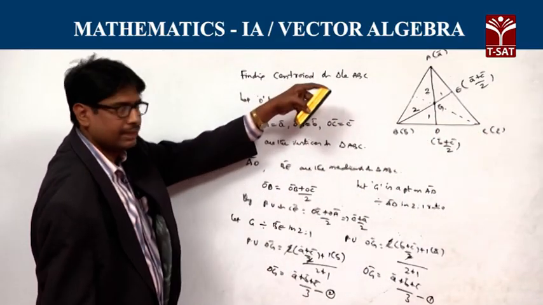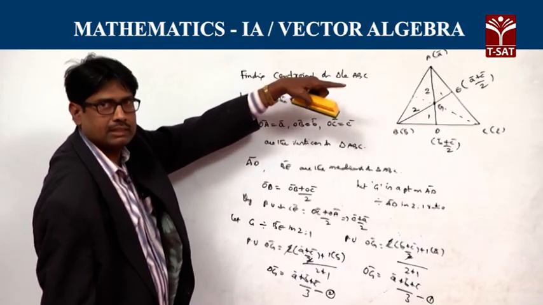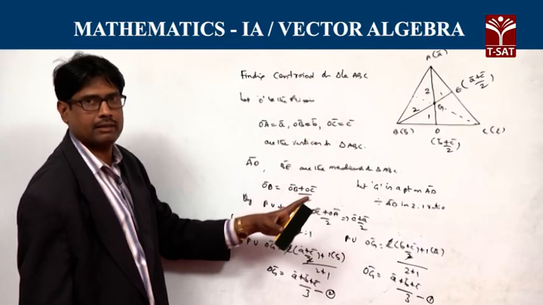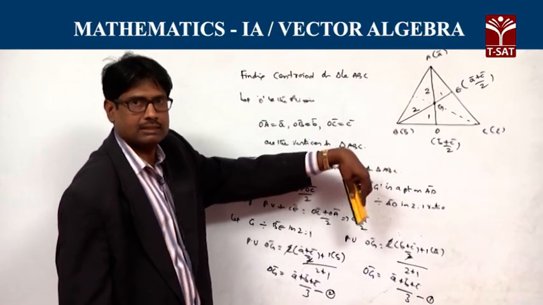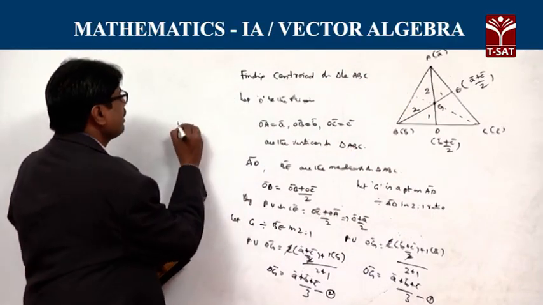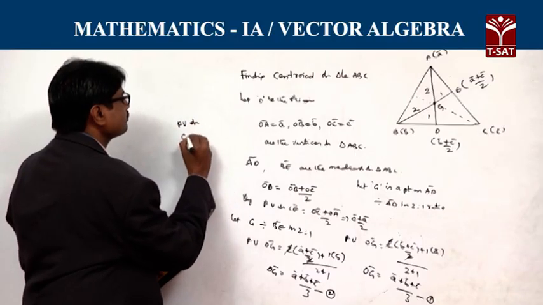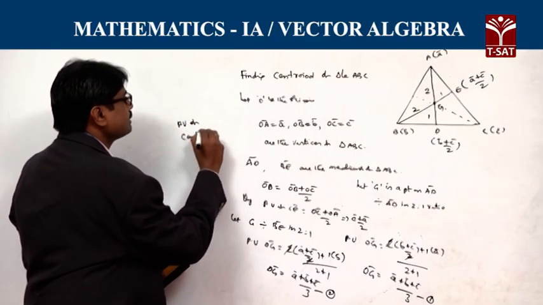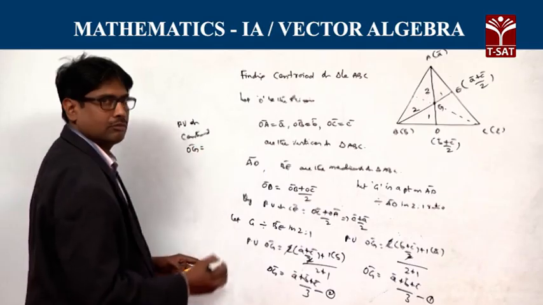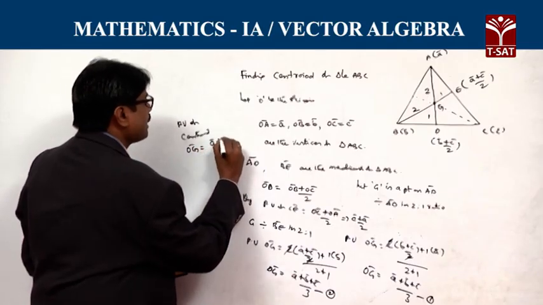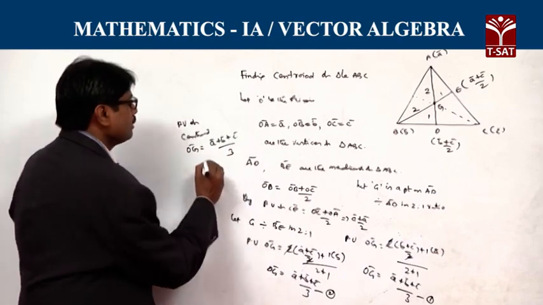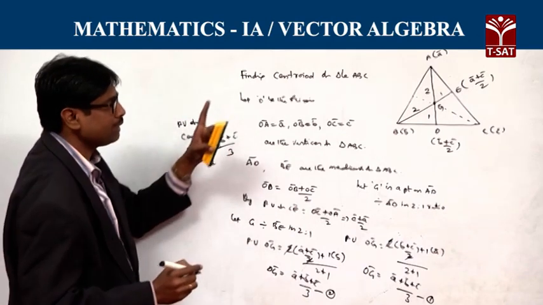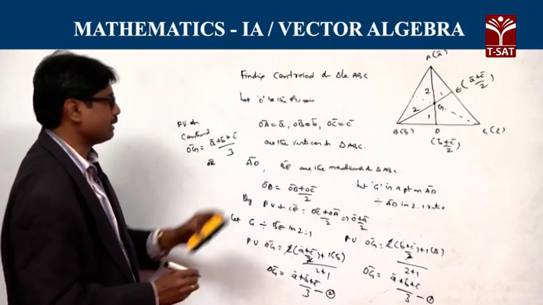Therefore, in a triangle, by the vector method we can say that medians are concurrent, and the concurrency point of these medians we call the centroid, and the position vector of the centroid OG bar will be equal to A bar plus B bar plus C bar divided by 3, or you may write capital A, capital B, capital C if you take the vertices.